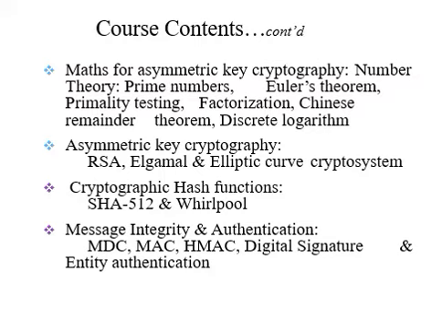Meanwhile, we will also discuss more recent hashing functions during this section. After that, we will discuss message integrity and authentication. The algorithms include MDC, MAC, HMAC, digital signature, and entity authentication.